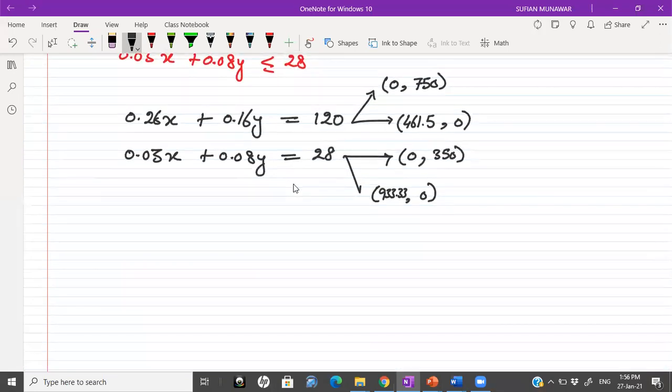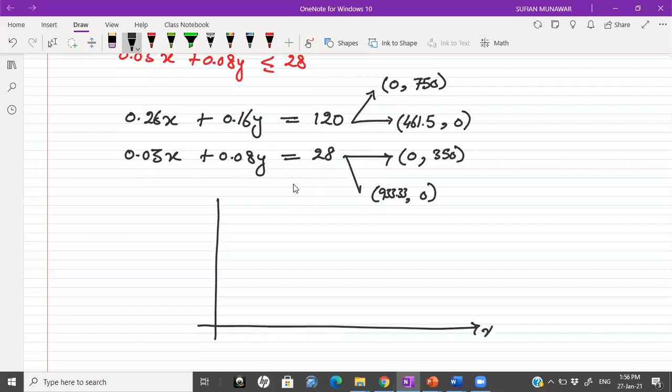Now I will go to the coordinate system. Here we have the x-axis, here we have y, and here we have the origin. First of all, the scale. You can see x is varying from 461.5 to 933.3, so I will start from 450 here, and 900 is here.